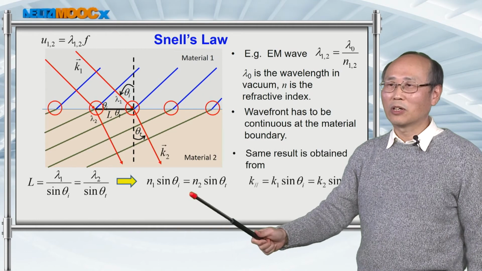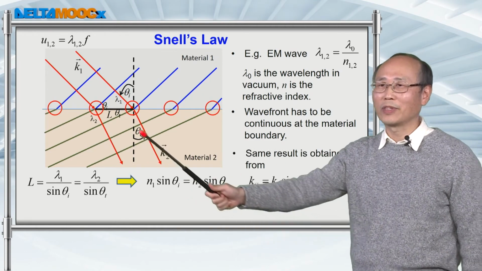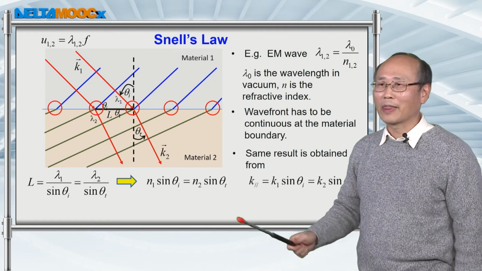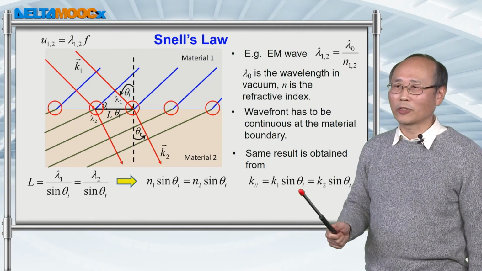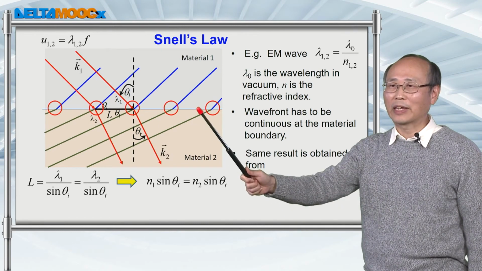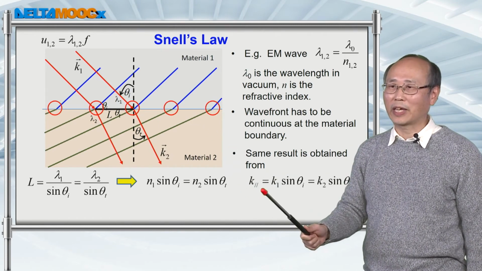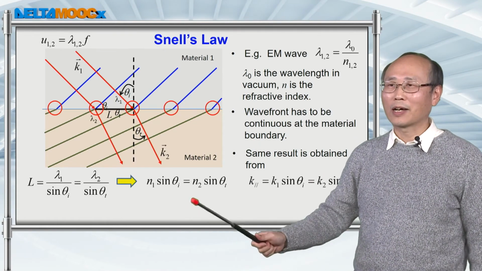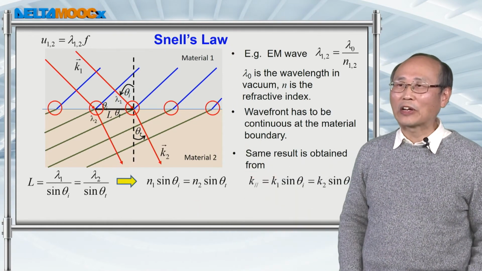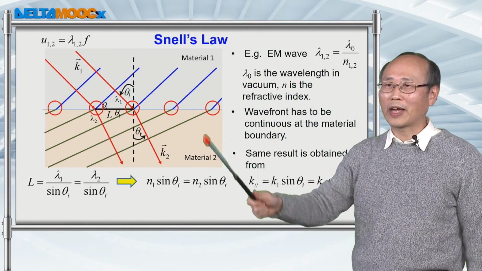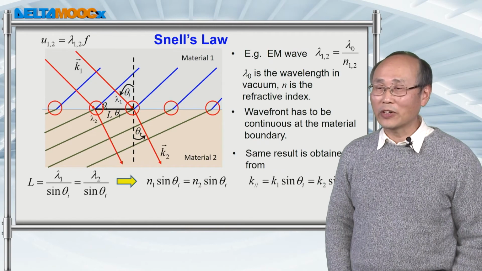So Snell's law is a consequence of the wavefront continuation on the boundary. And this result can also be constructed by making the k vector continuous on this boundary, because the k vector describes the wavefront.